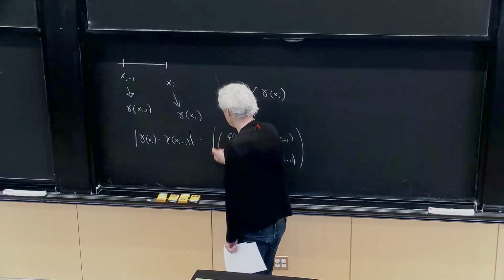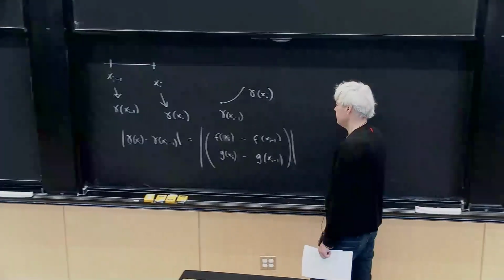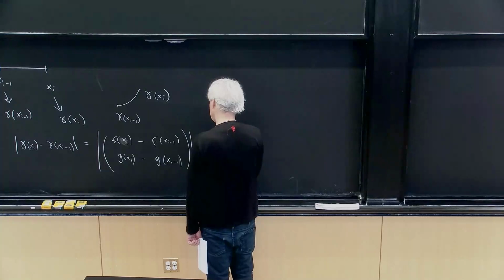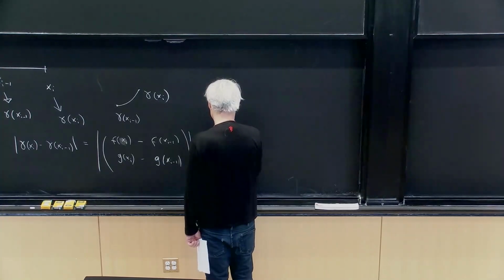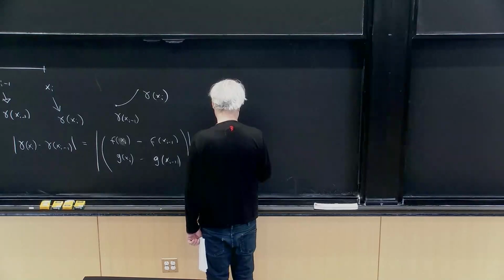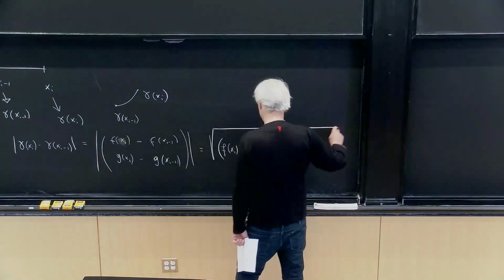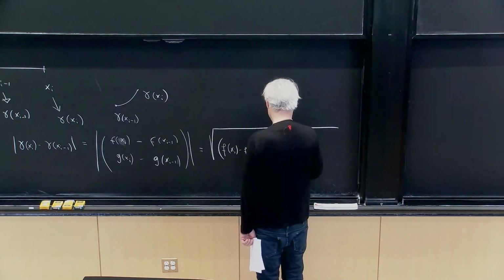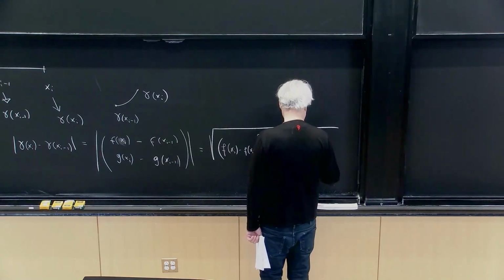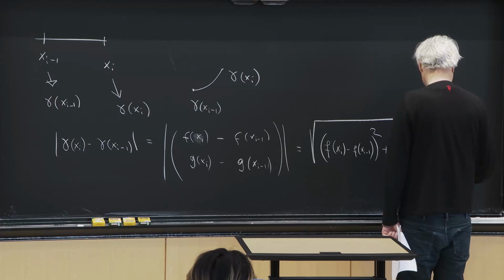So it's the length of this, but the length of this by Pythagoras is the sum of the squares of the coordinates, and then taking the square root of that. So this is what the length of the line segment here is. Right?